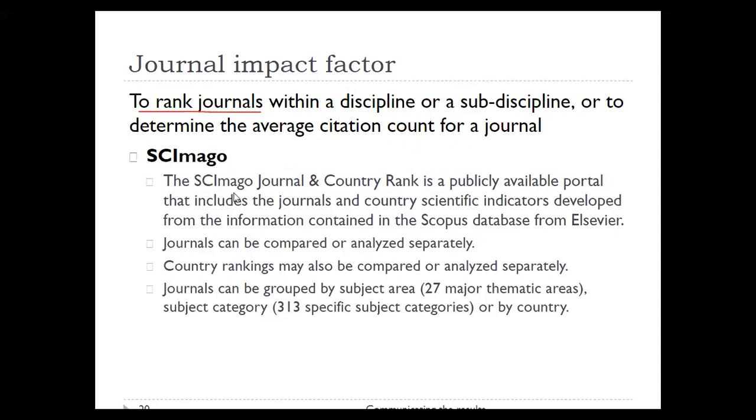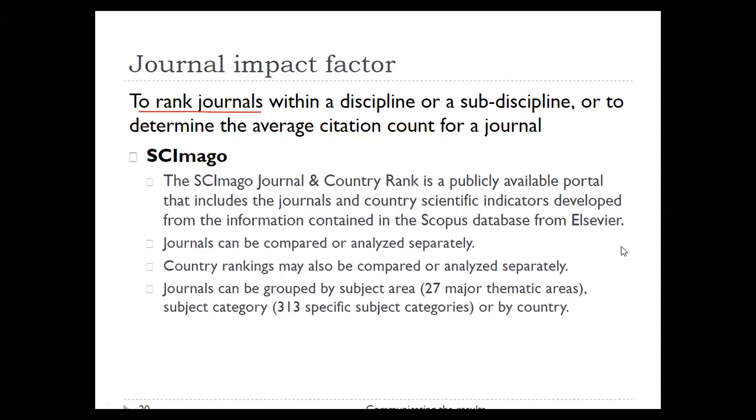Here, not only the research paper and the researcher, but also the country is covered: from which country how many papers are published, how many times those are cited, everything is calculated by this SCImago portal, which is publicly available. We will see a demonstration of that. Usually it covers the Scopus database.